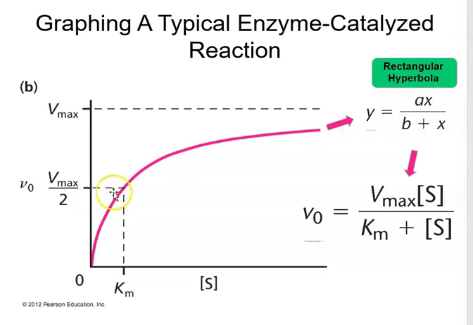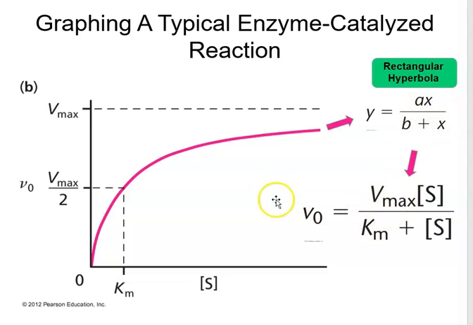That's very common for chemical compounds and enzyme kinetics for that type of reaction to occur that way. And this gives us a mathematical way to represent it, through the rectangular hyperbola equation, where y equals a times x over b plus x.